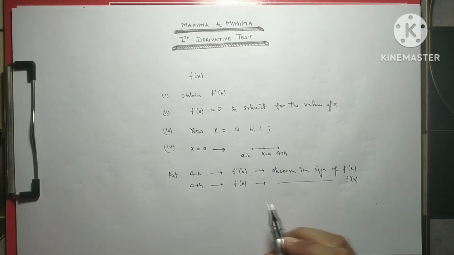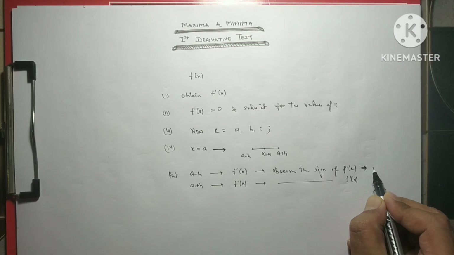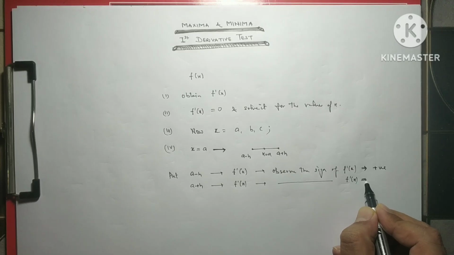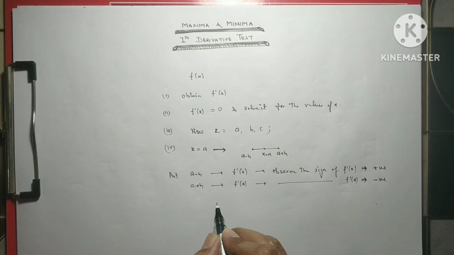Let us consider on a minus h we get a positive sign, and on a plus h we get a negative result. So f dash x varies from positive to negative.